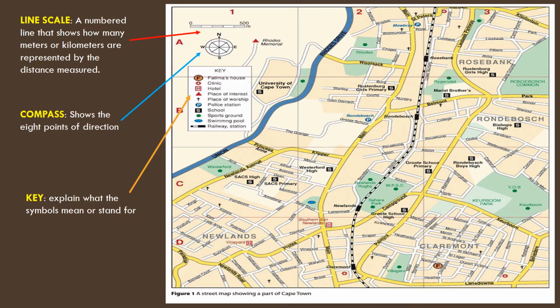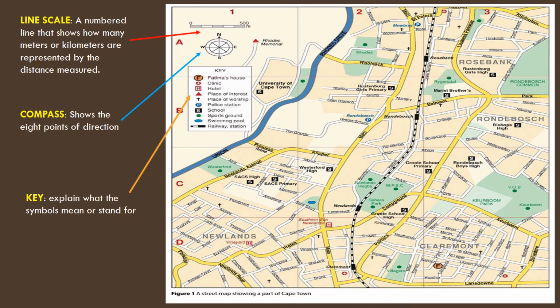The line scale is a numbered line that shows how many meters or kilometers are represented by the distance that has been measured. If we look at the line scale on the map displayed on the screen, it shows us that each centimeter actually represents 100 meters on the ground.